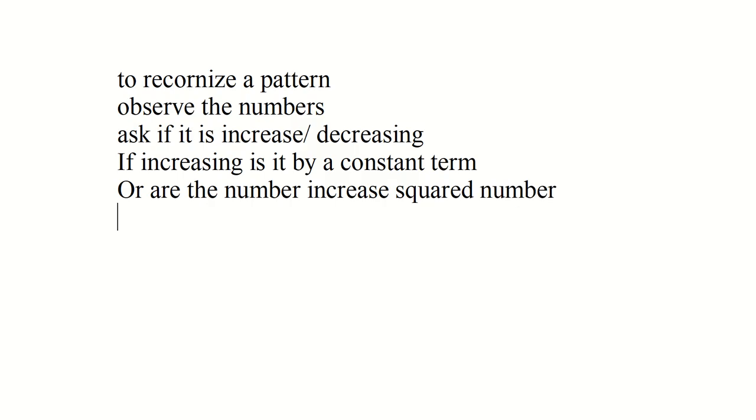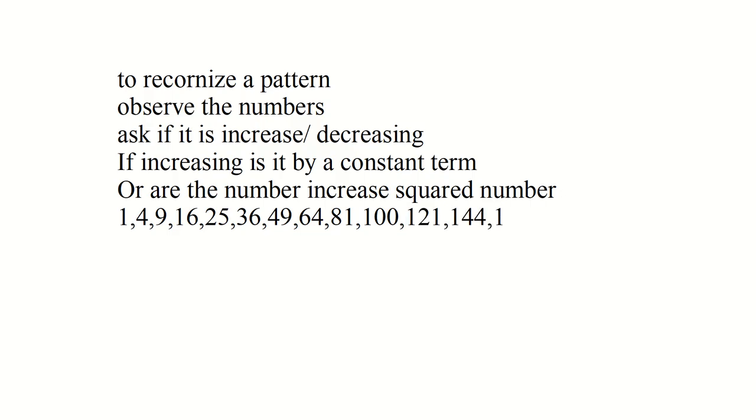So 1 squared is 1, 2 squared is 4, 3 squared is 9, 4 squared is 16, 5 squared is 25, 6 squared is 36, 7 squared is 49, 8 squared is 64, 9 squared is 81, 10 squared is 100, then 121, then 144, then 169, then 196, and then I believe the next one is 225.